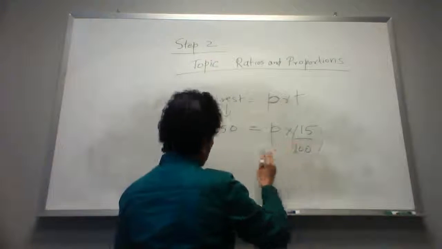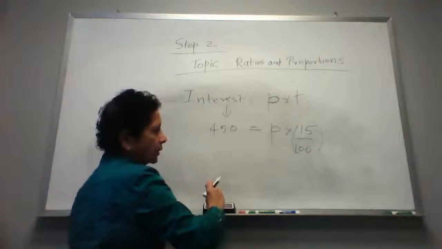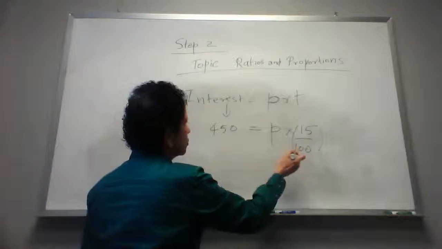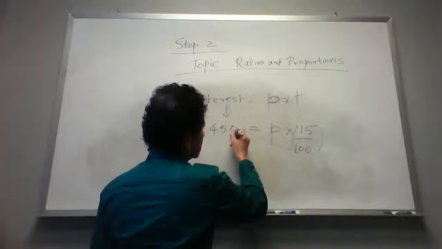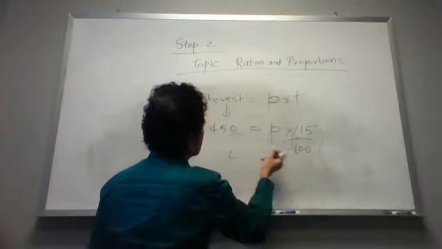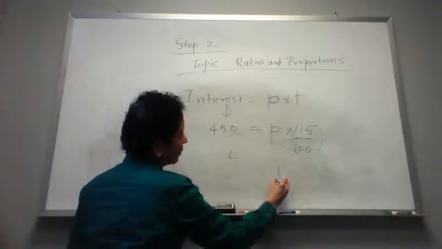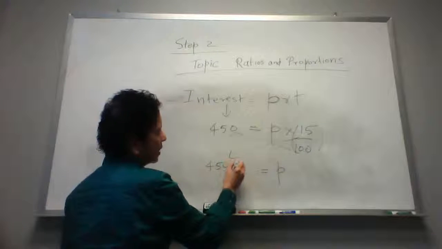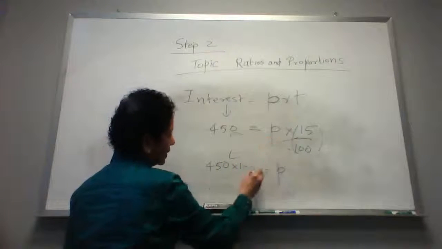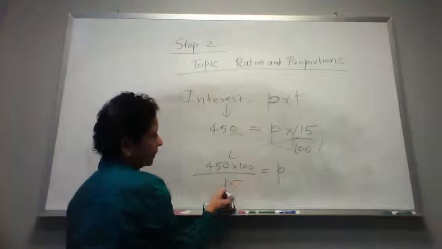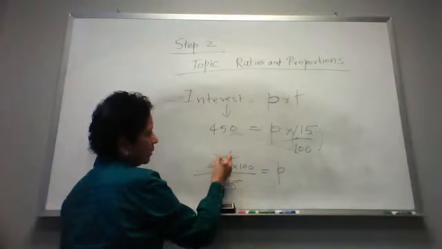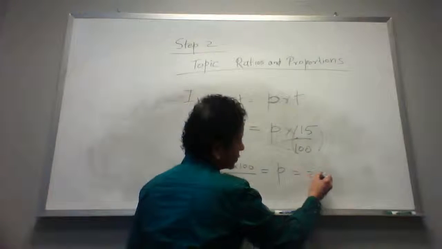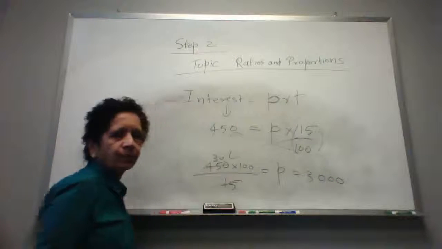So what you have to do is you just need to take it to the other side, right? So you can actually cross multiply like this, right? So then P will become what? P equals 450 times 100 divided by 15, okay? And then when you do the math, P comes out to be $3,000, okay?